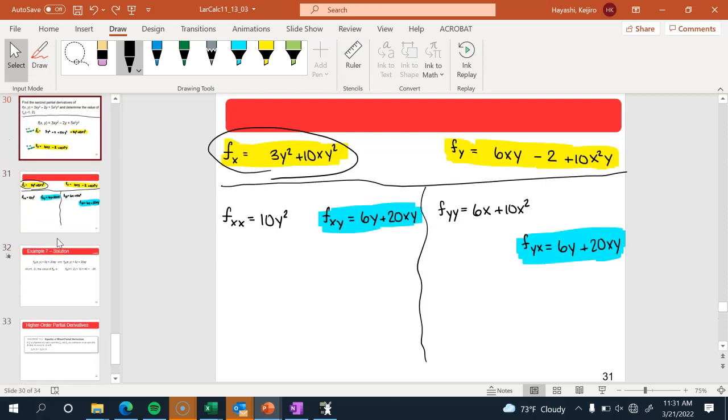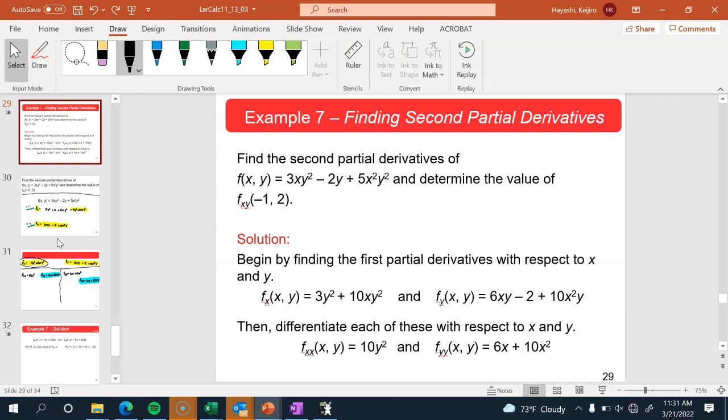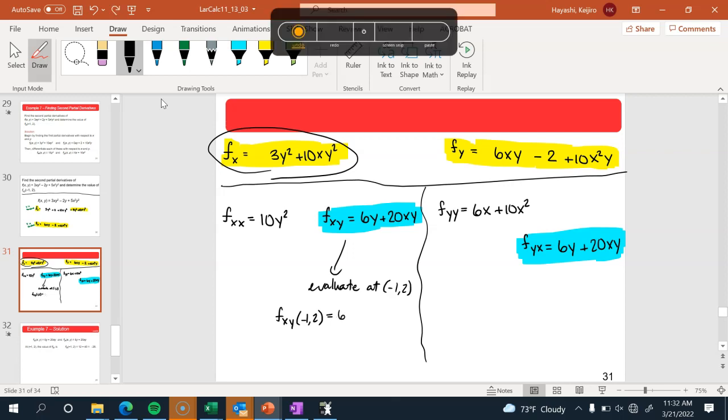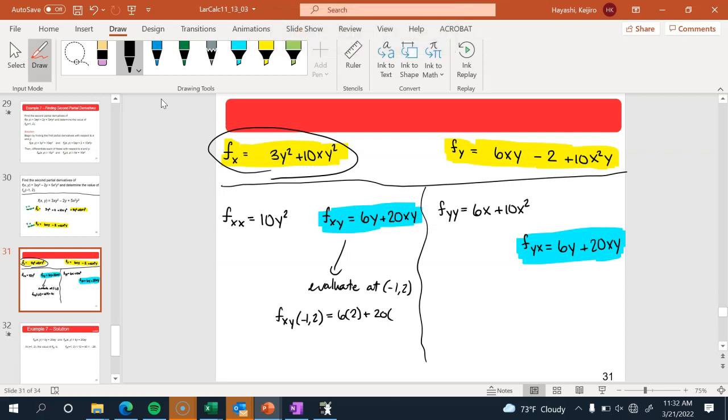Oh yeah, right. We were trying to find the value of f sub xy at -1, 2. So we're trying to do this and evaluate at -1, 2. That's 6 times 2 plus 20 times -1 times 2.